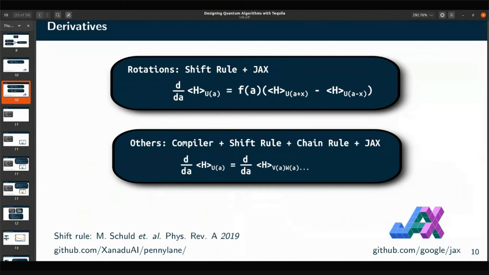But this can also be part of research, that you realize that for your idea, gradients are pretty expensive. One example is if you have a multi-controlled NOT gate, and you parameterize this with an exponent.